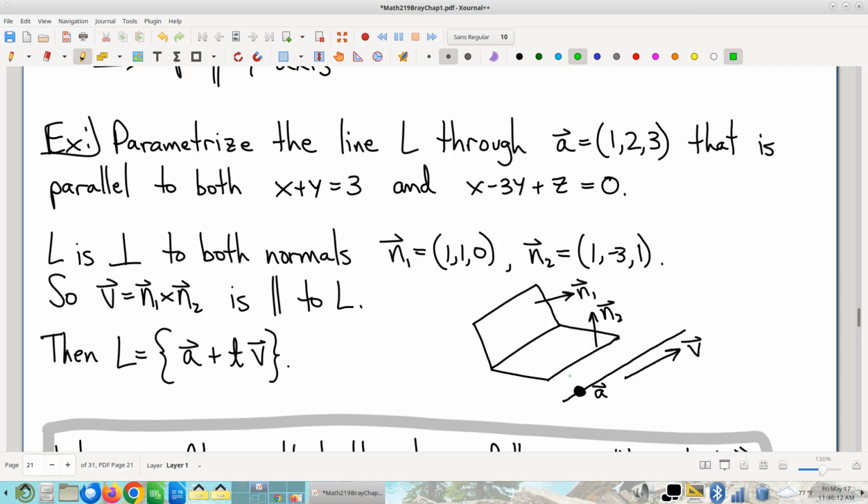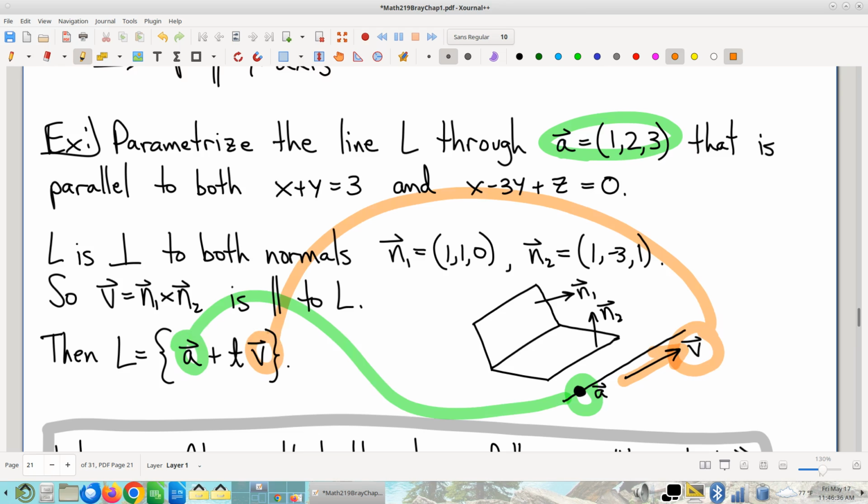So as long as they're not parallel, any two planes will intersect in a line, which defines a direction, and that puts us in business. All right. Okay, and again, it's all over but the details. We were given A, we just talked about how to compute V, and once you have A and V, that's how you parameterize the line.